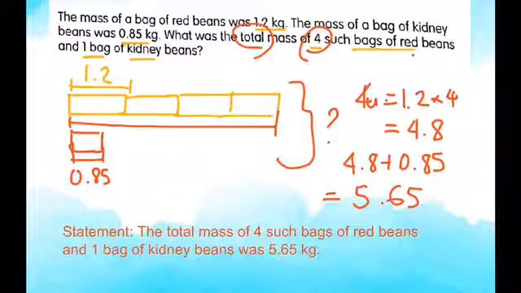So for our statement, we have the total mass of 4 such bags of red beans and 1 bag of kidney beans was 5.65 kilograms. For your next task, I want you to work on your textbook page 126 to 127.